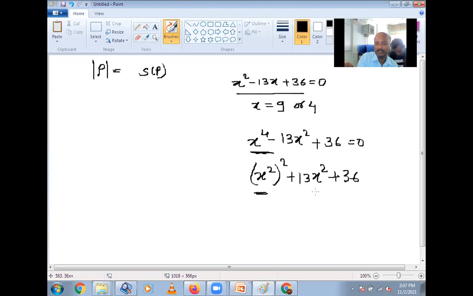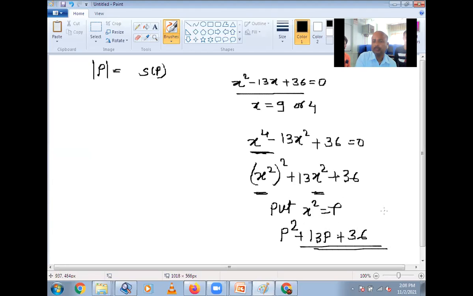Then put x square equal to p, and you will get a new quadratic equation, p square minus 13p plus 36.